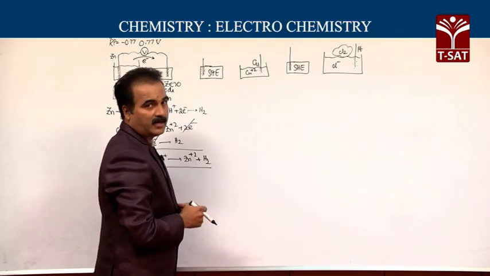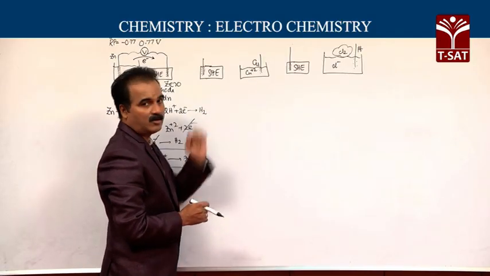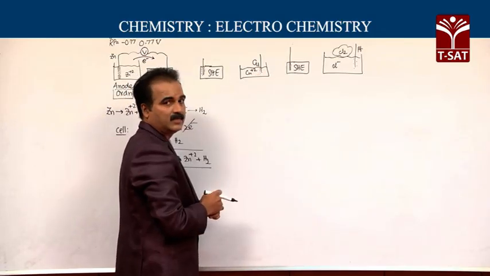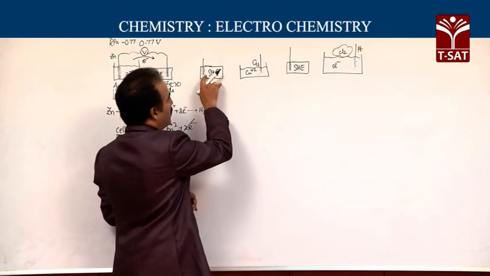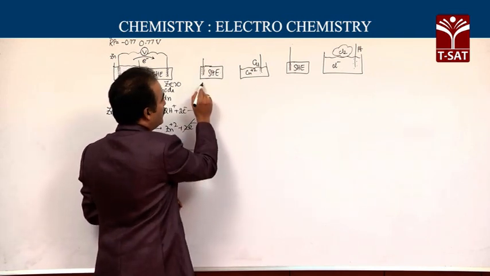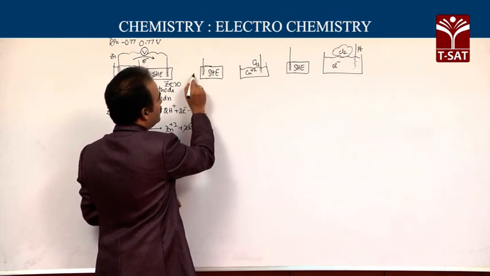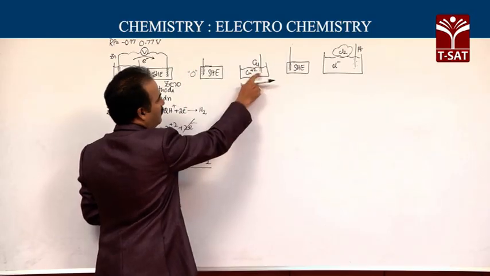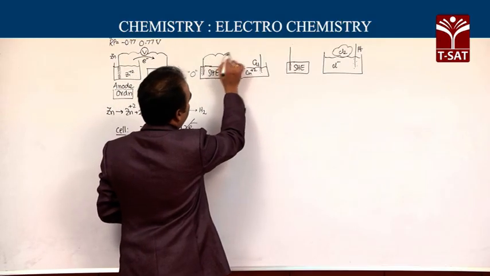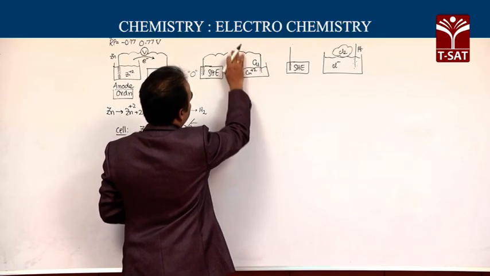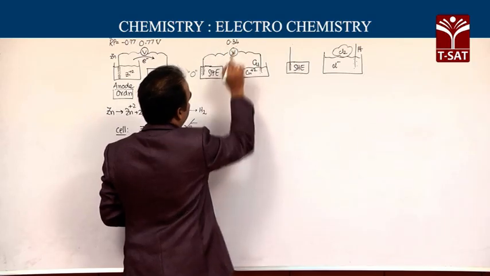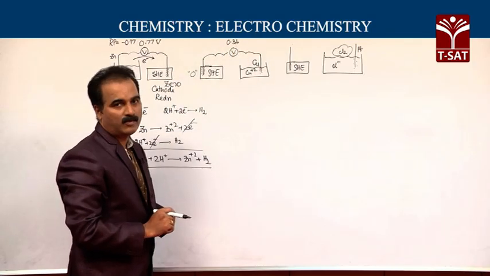Similarly, when you connect the standard hydrogen electrode and the copper electrode, here also some charge density is developed, that is negative charge density. Here also some negative charge density is developed, and we have conventionally taken this as 0. We know it is taken as 0 and we do not know how much it is developed there. But when you connect the standard hydrogen electrode and the copper electrode through a potentiometer, the EMF of the cell is observed to be 0.34 volts.